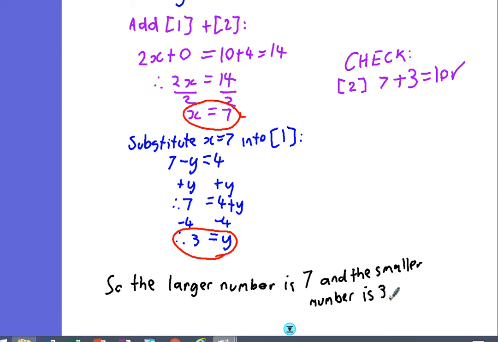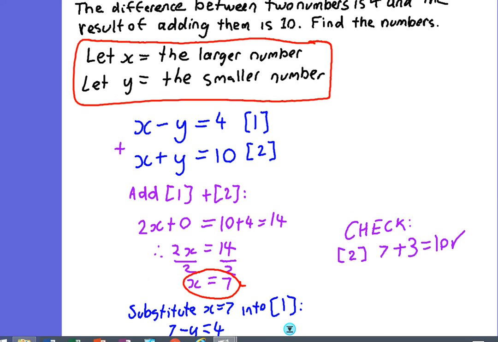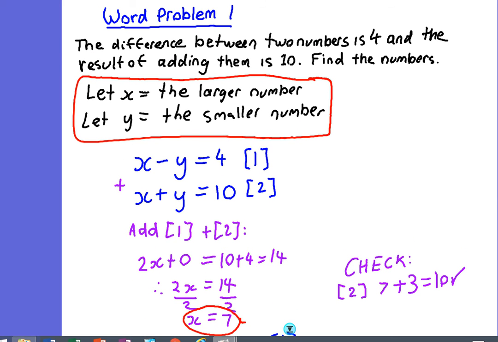And we're done with that question. So I'll just pause the video for a moment, and you can have a look at this and at the working at the top, and copy that down in your book.